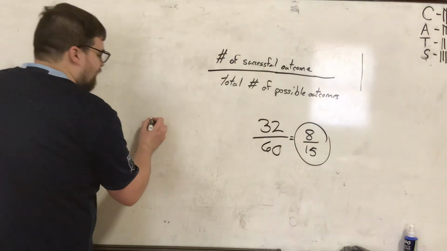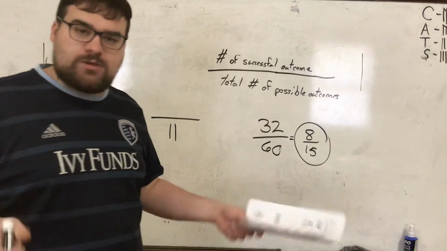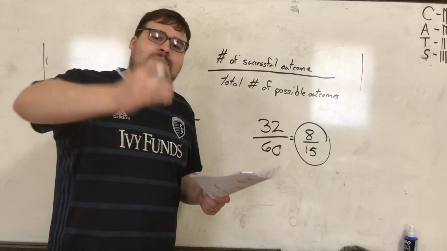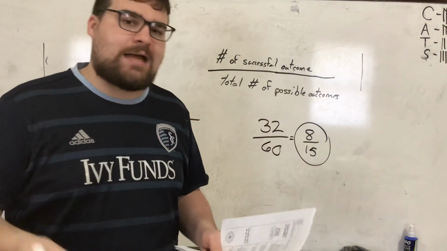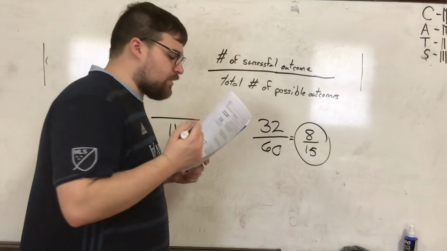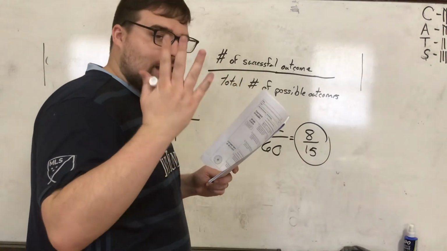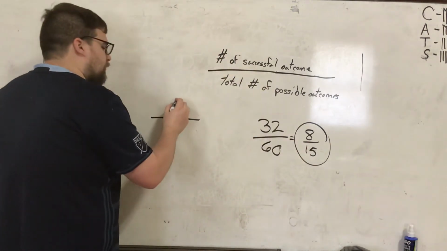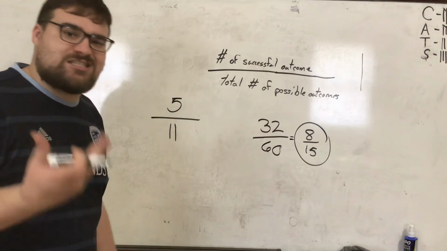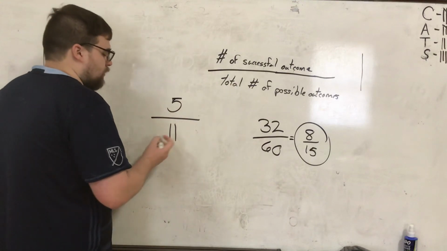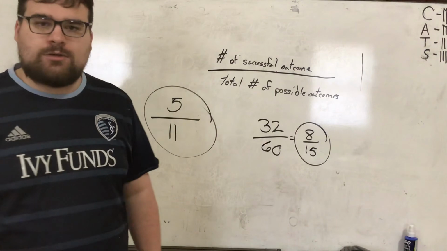If we have 11 total letters we could randomly choose from this word, and we want a vowel, so what we want is considered our successful outcome. There is an E, an O, an A, an I, and another O. 5 of them are vowels. 5 are what we would consider successful in our experiment out of 11 total. So that would be our probability.